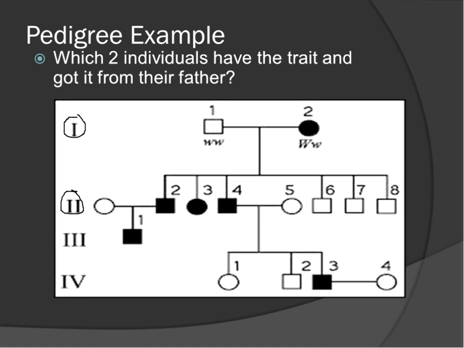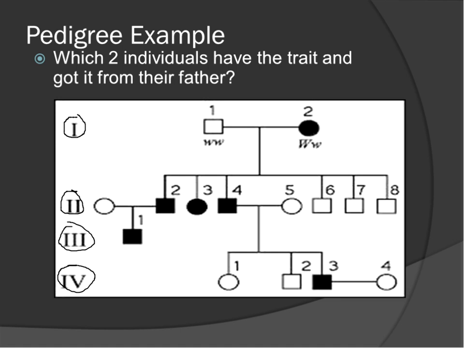So looking at this pedigree here, it says which 2 individuals have the trait and got it from their father. So you have to tell me what row it's in, either 1, 2, 3, or 4, and then what number matches up with it.